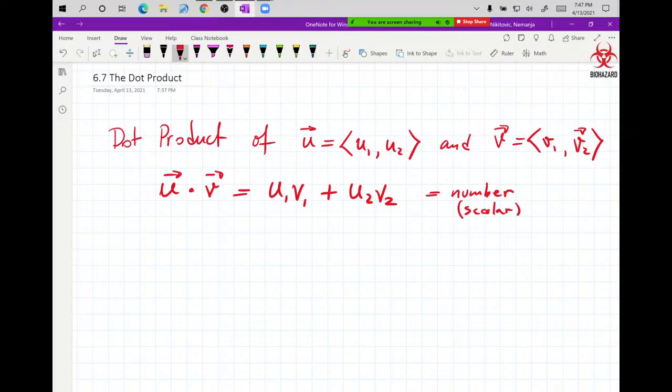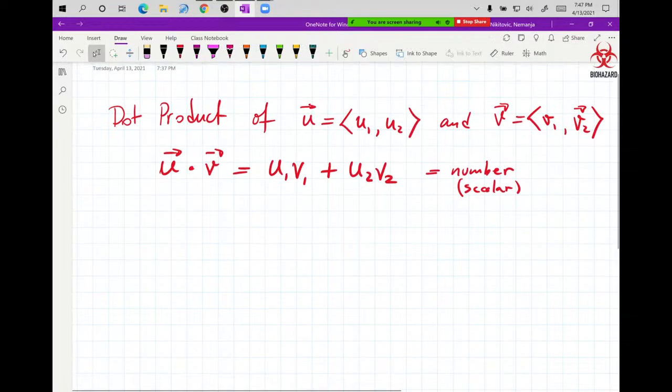So the product of two vectors will give you a scalar.